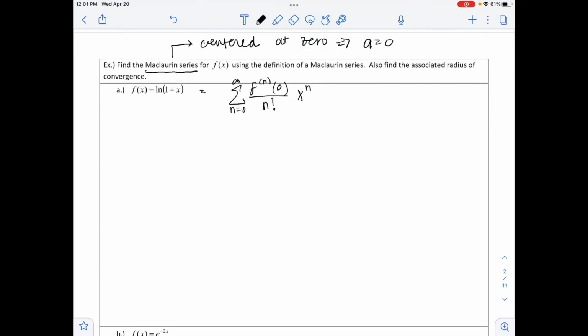I'm going to set up a table to organize our numbers and our derivatives evaluated at 0. The table is a good way to keep everything organized. And so our function that we have is f of x equals ln of 1 plus x. And so our first n value is going to be 0.